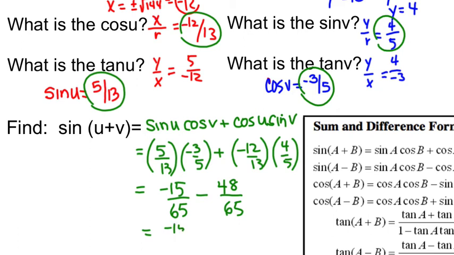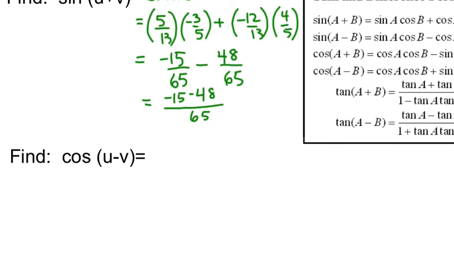So -15 minus 48 over 65. And then combine your numerator. -15 minus 48 is -63. So that is the sine of u plus v.